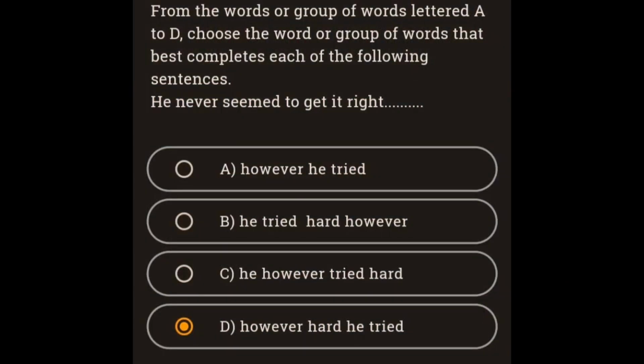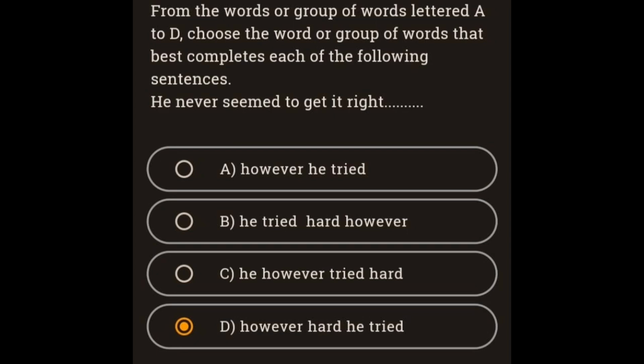All right. Okay, we want to look at some WAEC questions. But before we go into the WAEC questions, let me remind you that a group of words that functions as an adverb is referred to as an adverbial. The difference between an ordinary adverb and an adverbial is that an adverb is a single word.